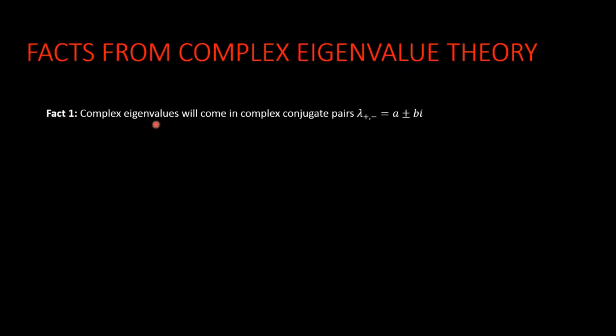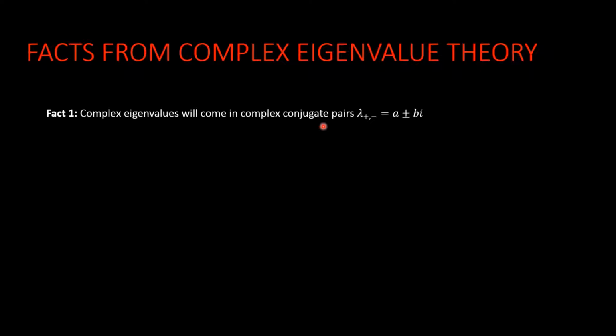Fact 1, if you have a matrix and you compute its eigenvalues, if you have imaginary eigenvalues, they will always come in complex conjugate pairs. So they will always come in these pairs a plus or minus bi. You can never have one without the other, at least if you started with a real matrix.